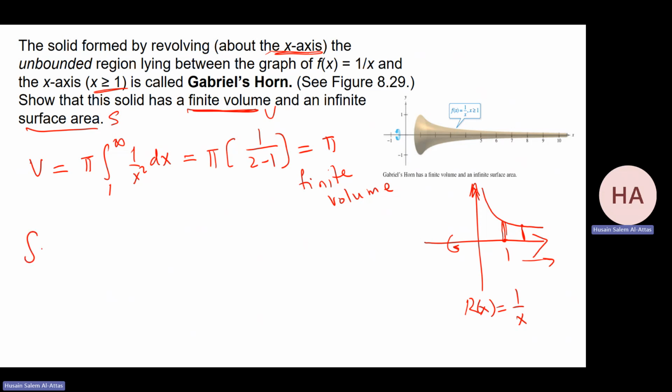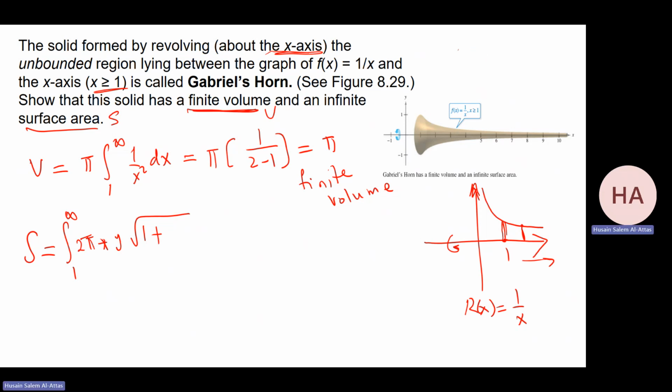What about the surface area? The surface area will be the integral from 1 to infinity of 2 pi times y times square root of 1 plus y prime squared.